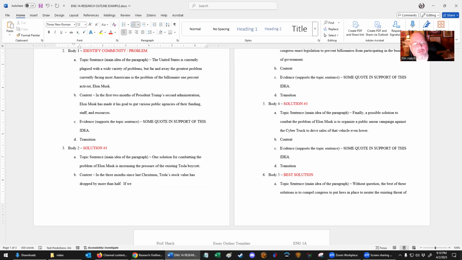By the way, I'm sure I've said this before, context needs to be a minimum of one sentence, but it can be two sentences. It could even be three, though more than that would be crazy talk. So keep it like 1 to 2 sentences.